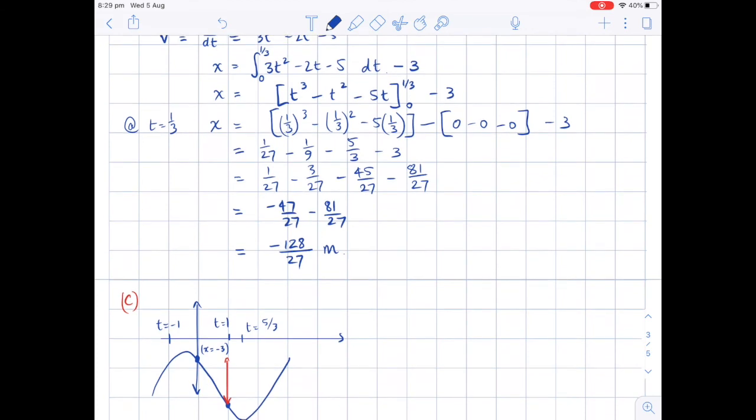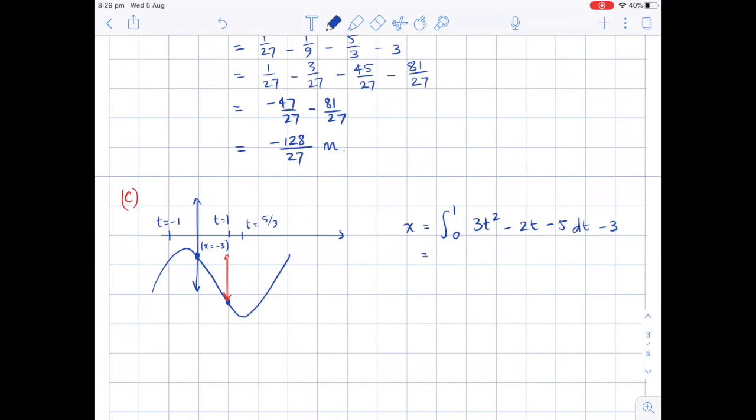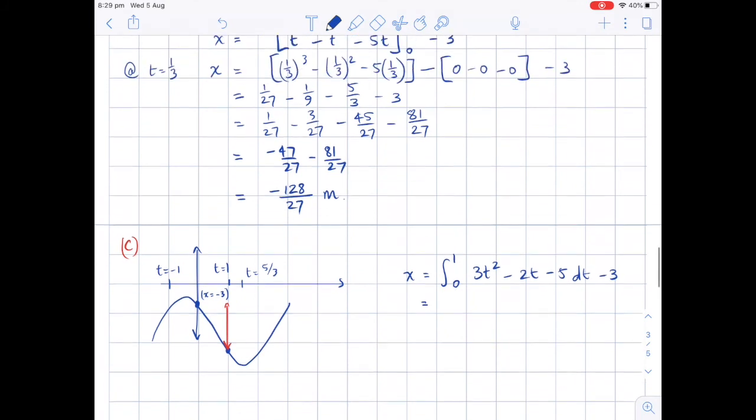So I might jump back up to this expression up here, and I am going to find out what the displacement is at t equals 1. And of course this would be much quicker on a calculator, but we've just done that by hand so far, so let's keep going by hand.